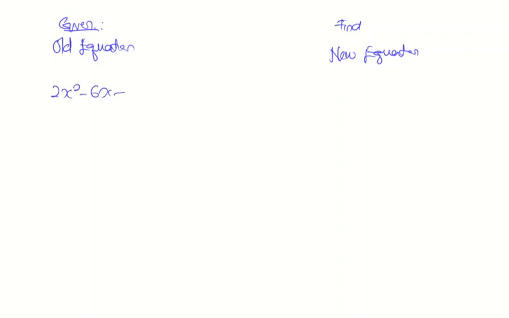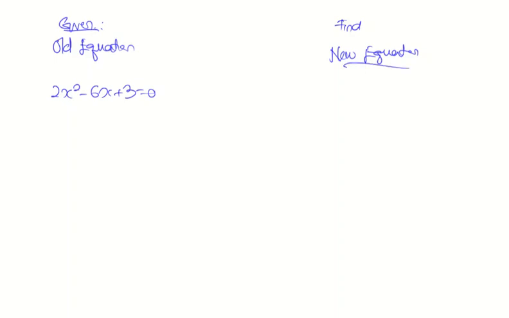Okay, the second type of question that could ask you is, they give you one equation given, and then find new equation. Like this. Okay, they say 2x squared minus 6x plus 3 equals to 0.